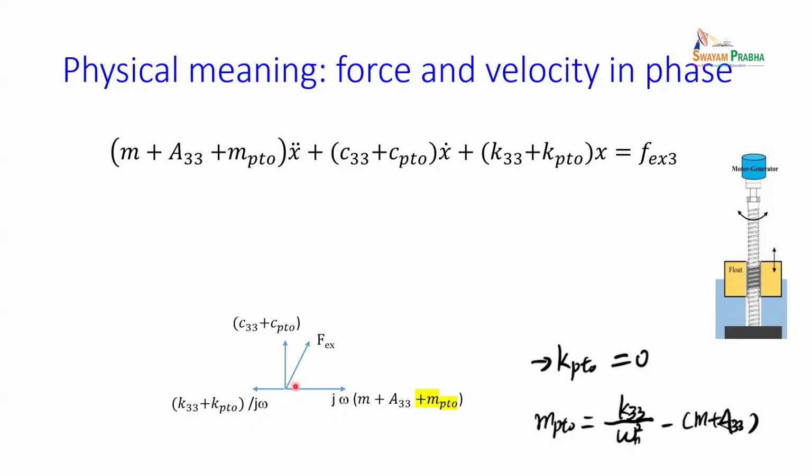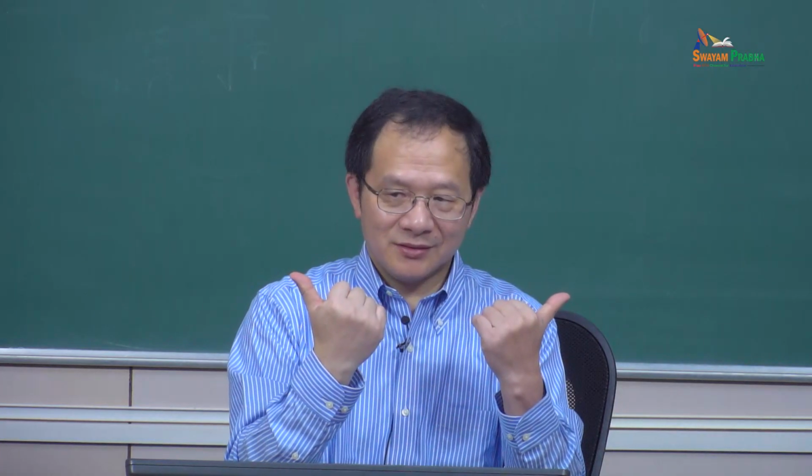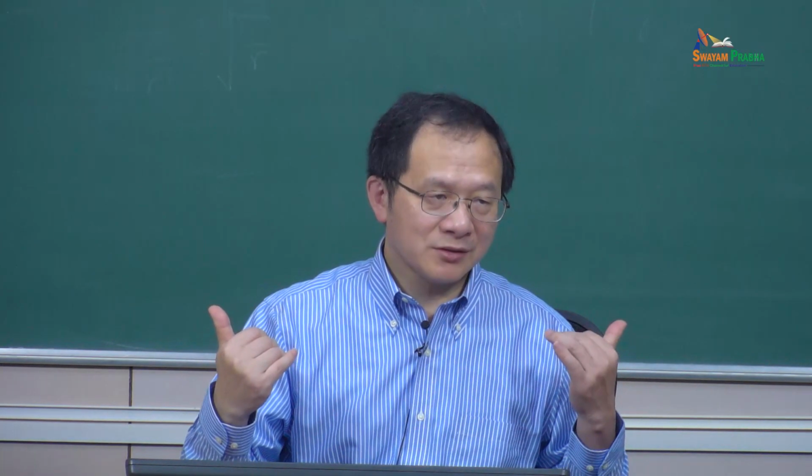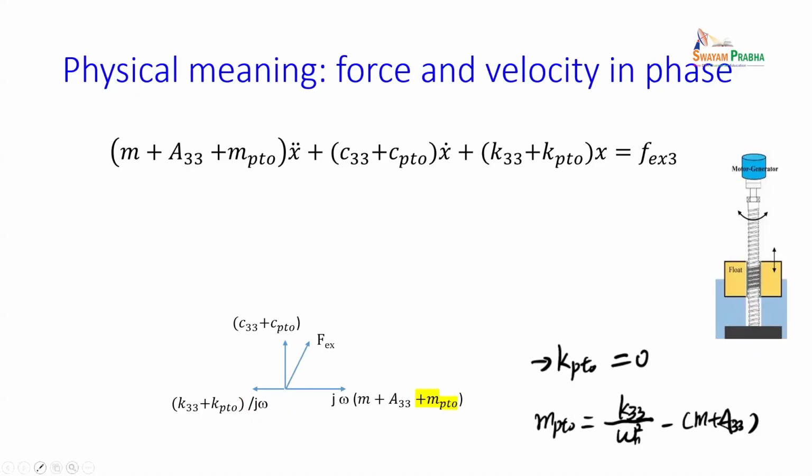This is the angle, right? So basically, the damping force is perpendicular to the inertial force, right? Inertial force and stiffness force are out of phase. You can write this expression. This is k, another is ω² times m, right? Therefore, this is out of phase.